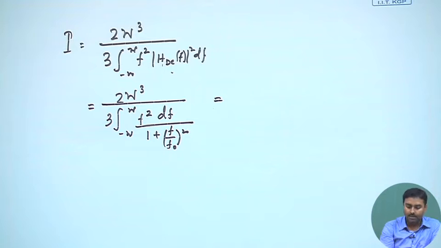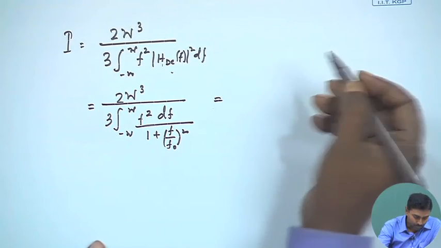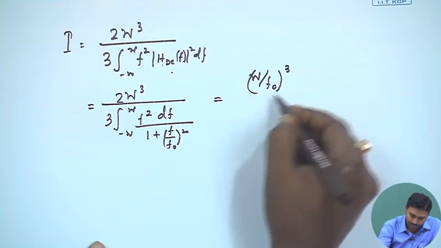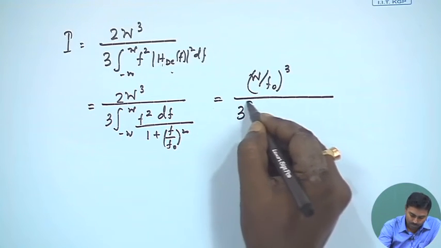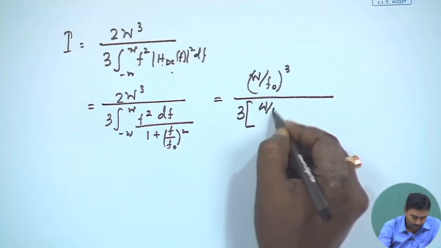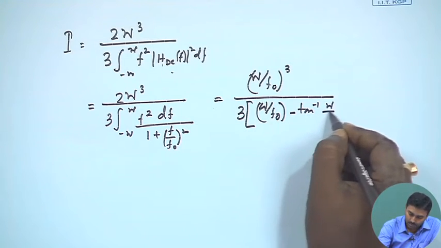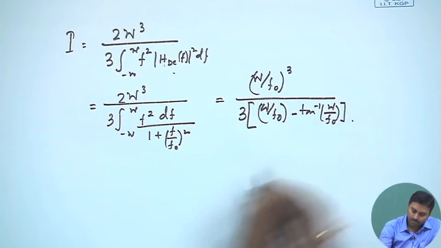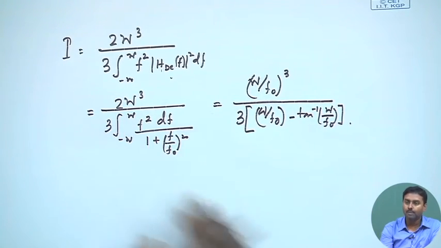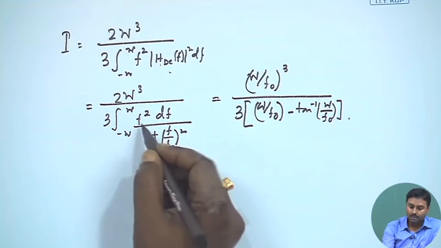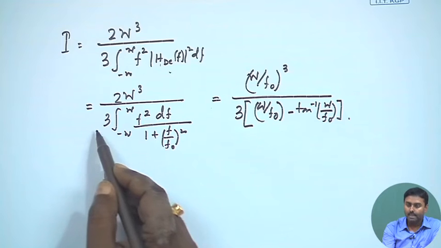You can separate them out and you will get a tan inverse integration. If you just do that, I am giving the final form: that should be W by F0 minus tan inverse W by F0. This F0 has to be manipulated. It should be written as 1 plus, here f is there, take F0 out.